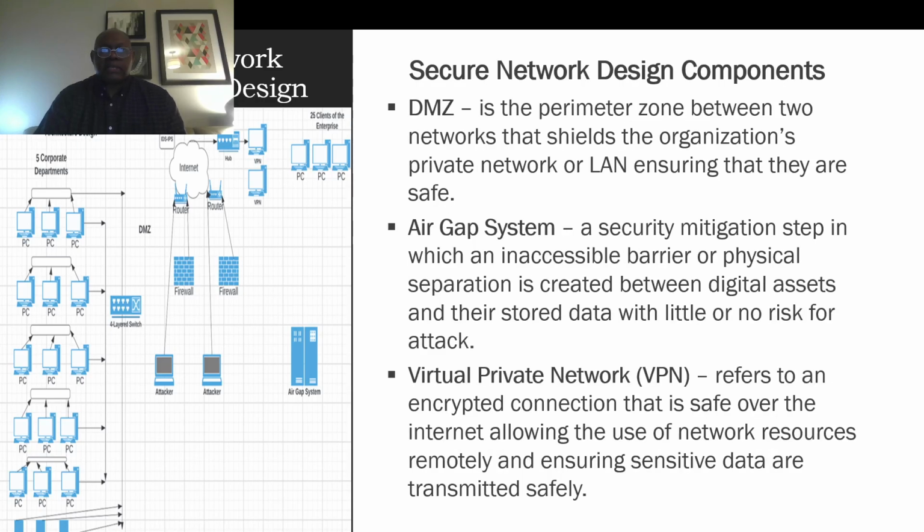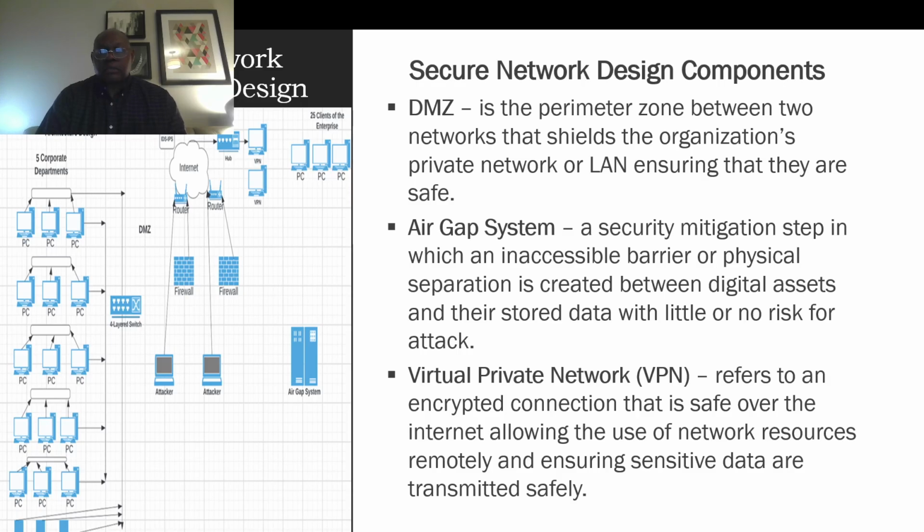Also included in my design is the demilitarized zone, DMZ. It's a perimeter zone between 2 networks that shields the organization's private network or LAN, ensuring that they are safe. I included the air gap system right here in this area, and it's a security mitigation step in which an inaccessible barrier of physical separation is created between digital assets and stored data with little or no risk of attack.